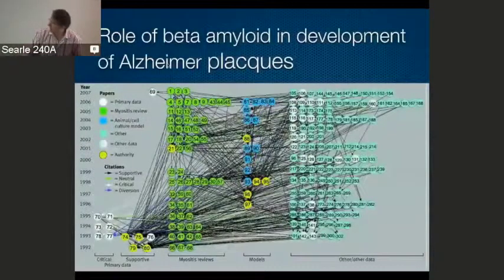And we find in previous literature, which I'm not going to describe right now, that this appears to be the case. So this is a role of beta amyloid in development of Alzheimer's plaques, which ends up looking as a function of its lack of independence, its lack of a role in this process ended up being overlooked really over time.